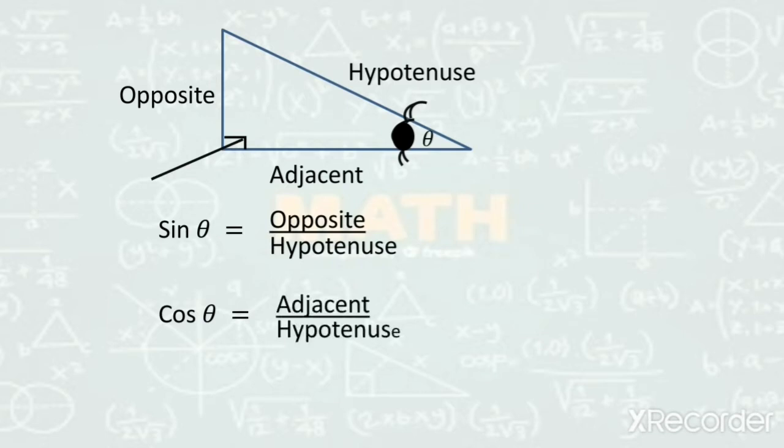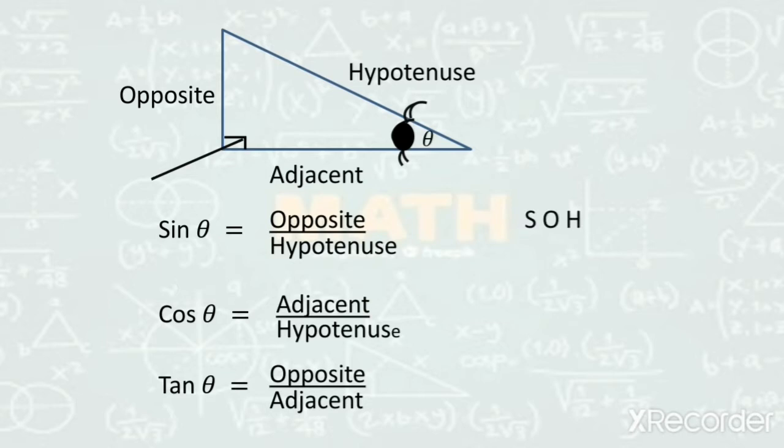And for the final one, tan theta equals opposite divided by adjacent. So you can easily remember these three relationships using this one: SOHCAHTOA. It is just a simple thing that you can remember.